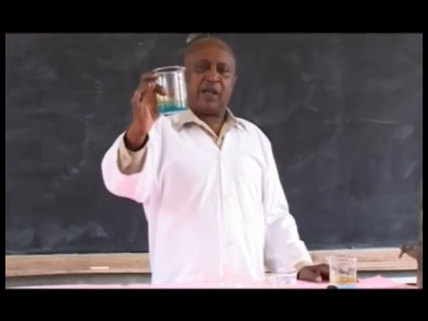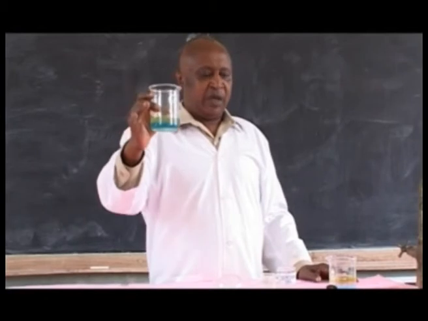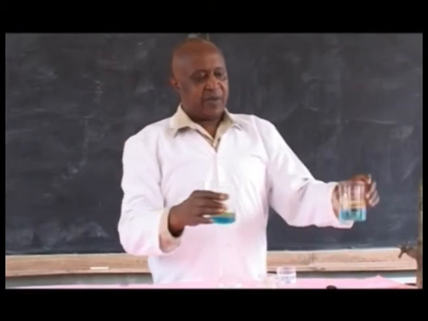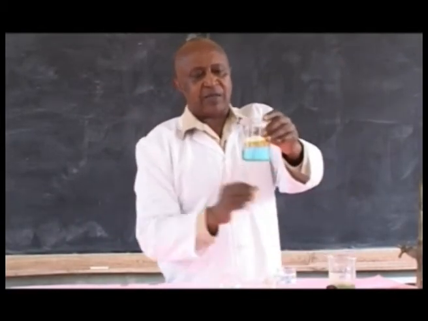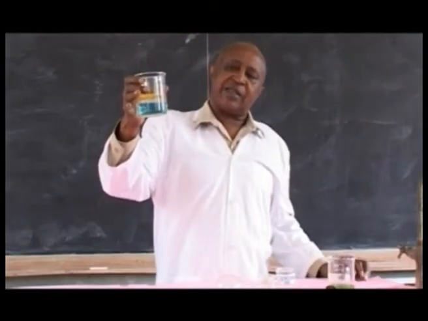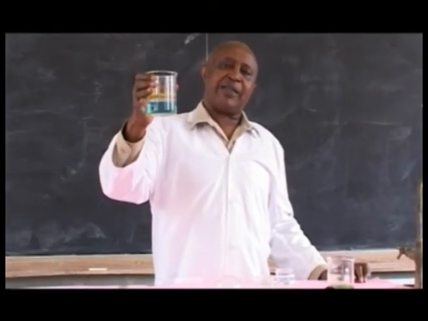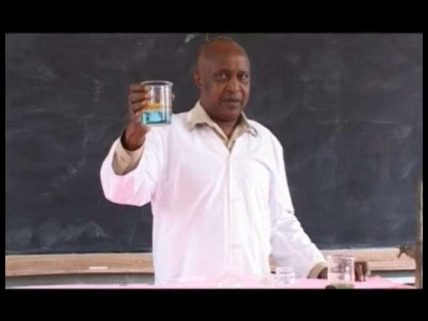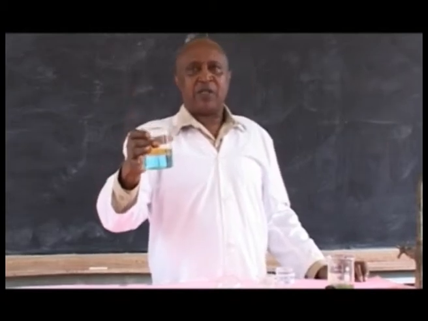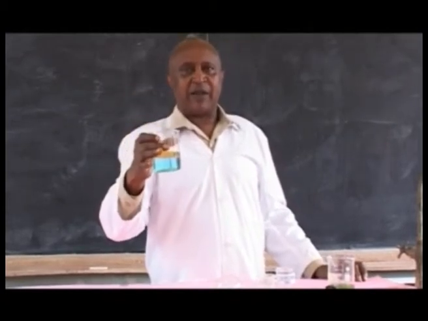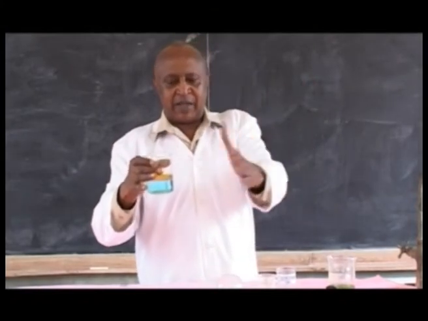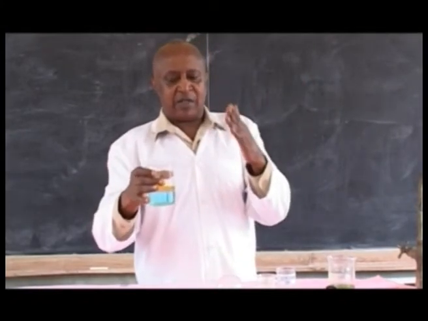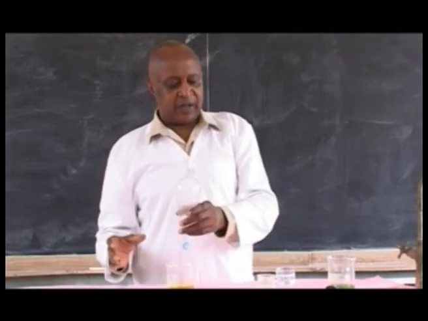If this mixture is allowed to settle, it will become this way, where you can see that the layers are completely separated. And this is the time now we shall use the separating funnel to separate the two liquids into different containers.